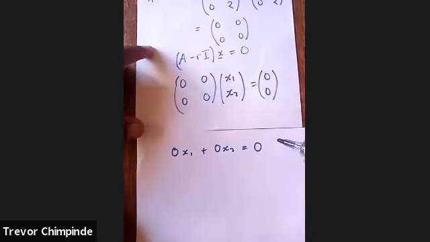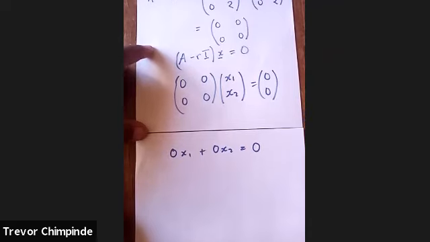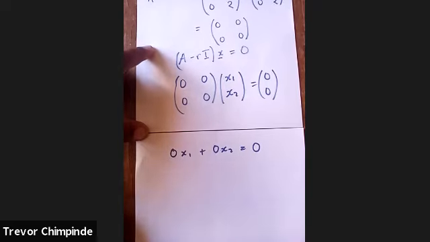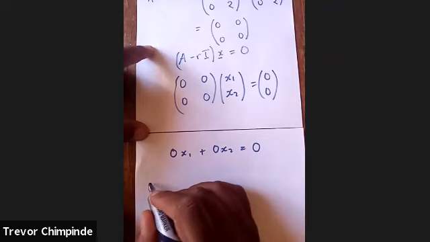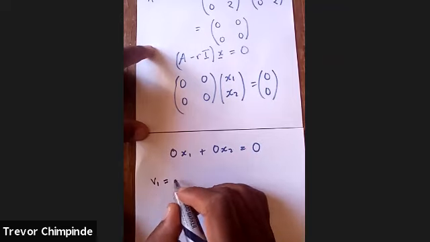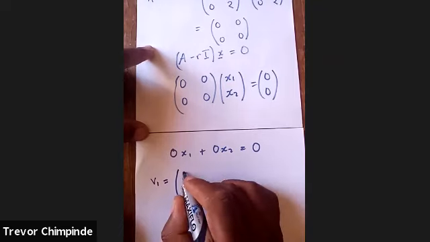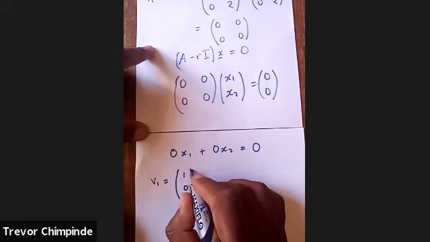The only thing you want is linearly independent solutions. So for me, I would say there are two linearly independent solutions. The first one is V1. Again, options are many, so this is just choosing. I'll choose 1, 0.